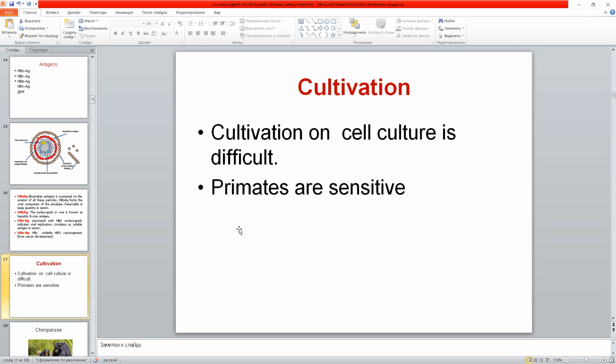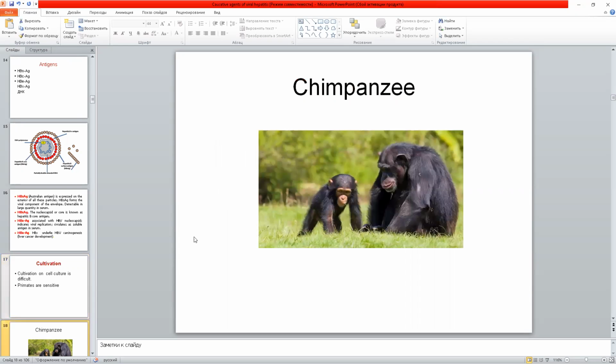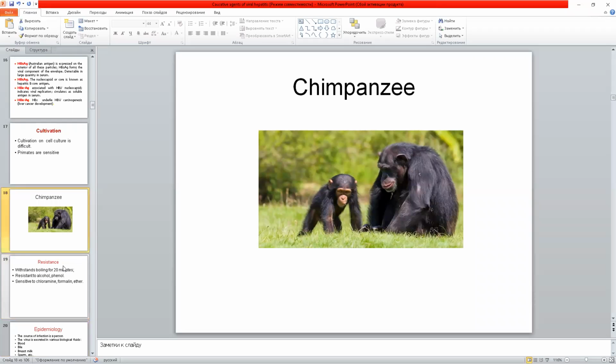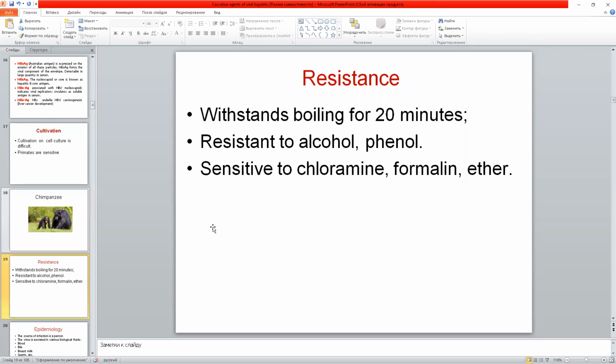It was detected that primates are sensitive, like chimpanzee. Some monkeys are sensitive to hepatitis viruses, but of course it is not possible to use chimpanzees in practice for isolation of virus from every patient. Apes are used for scientific purposes, for example for testing of vaccine.